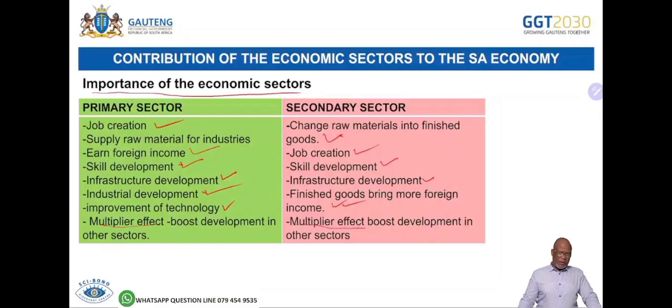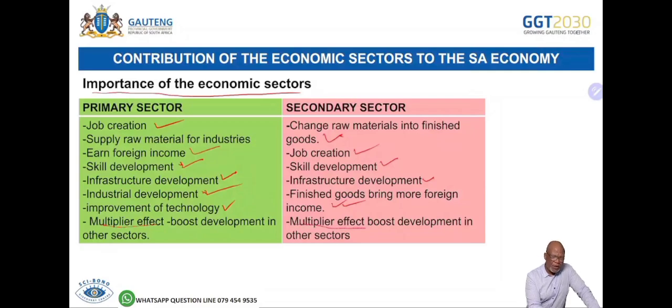So you can see these are the importance of the economic sectors. In order to make your studying easier, you can just simply look at what is common in both of these sectors.